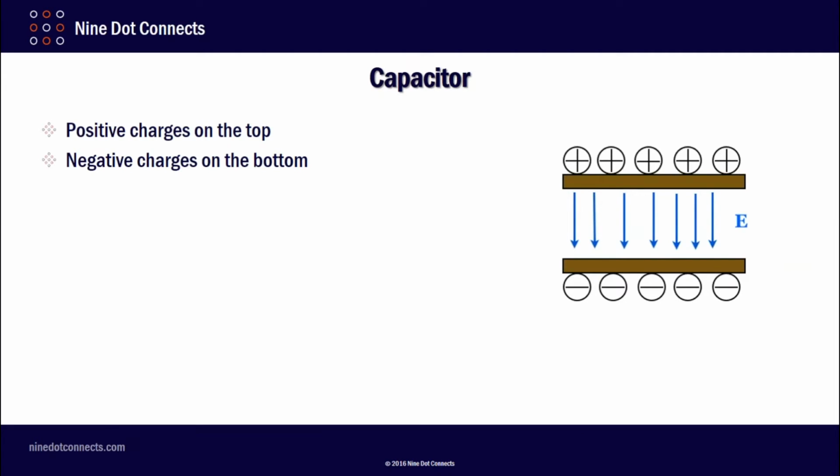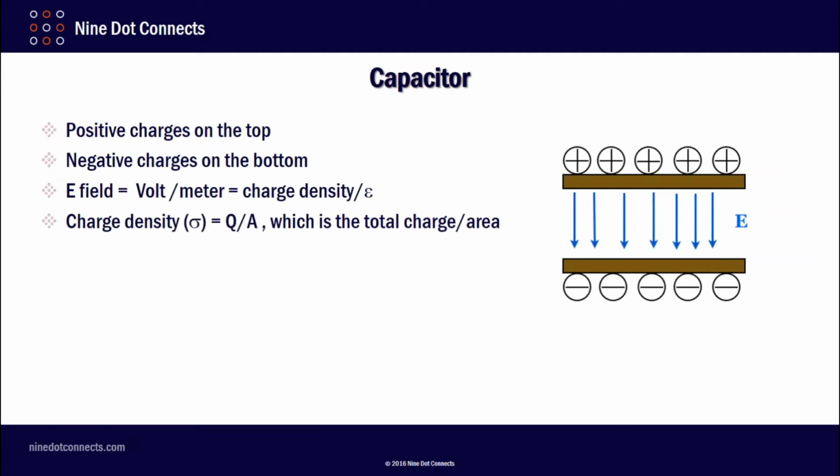So in a capacitor, again with the positive charges on the top and the negative charges on the bottom, the E field, measured in volts per meter, is related to the charge density divided by that permittivity. So there you see that the permittivity mathematically is what causes an inverse reaction to the E field. Now the charge density, sigma, is the charge divided by the area.